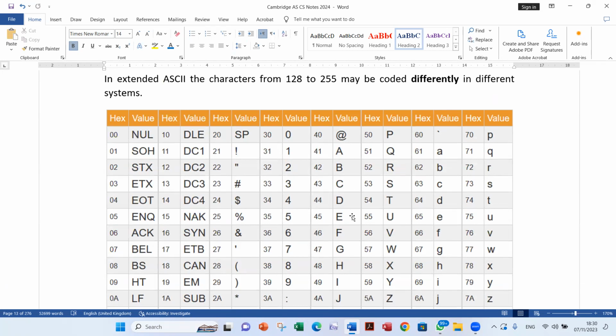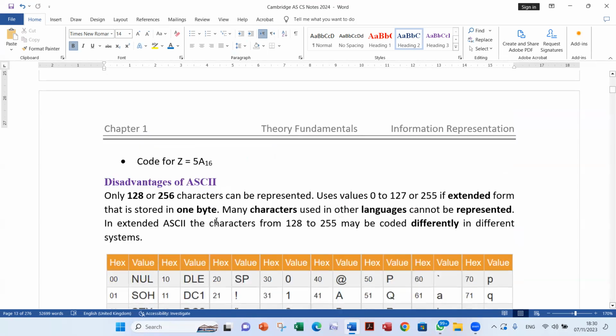Because when you only have 7 bits, you can only store 2 to the power of 7. Remember that 2 to the power of n thing. It's going to live with us. Okay? So when you have 7 bits, you can only store 2 to the power of 7, and that's 128 characters. Okay? That is the standard ASCII.